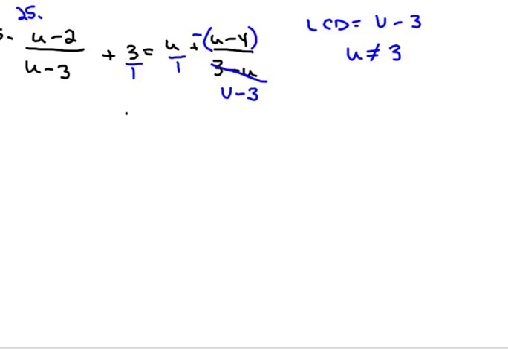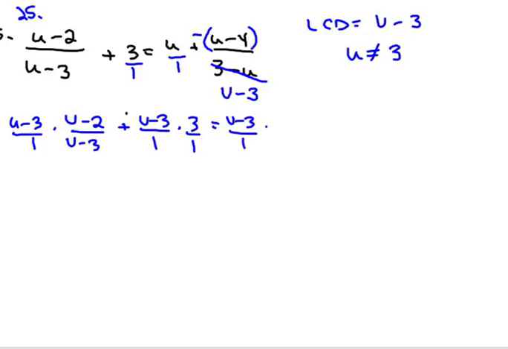Multiply everything by the LCD, u minus 3, so it'll take me a moment to write that out, and you do the same. Okay, so now we've written out where we're multiplying the LCD by every term.